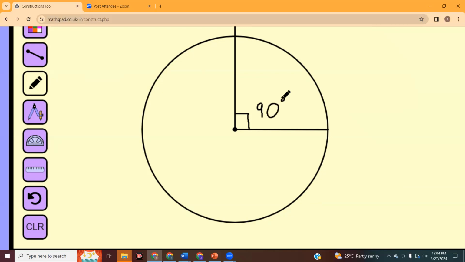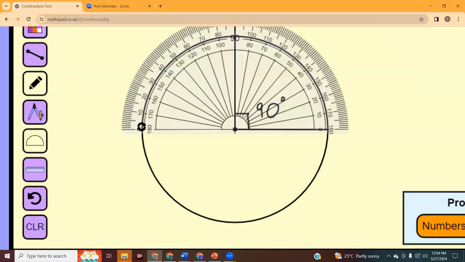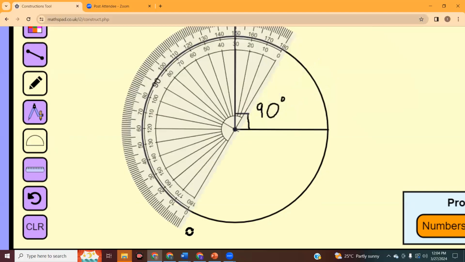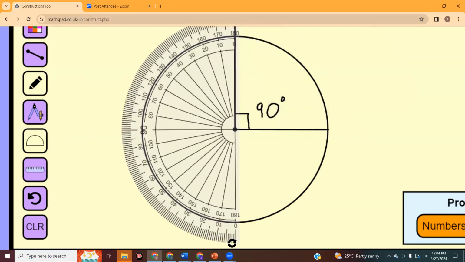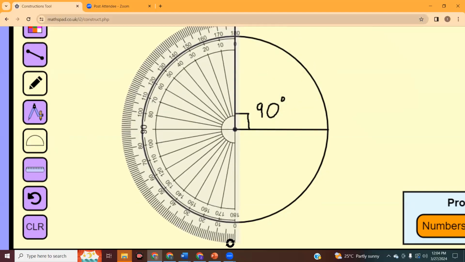Okay, let's move on to the next part, where we have to do 150 degrees. So we have to take our compass and move it here such that this side would be our base. We're going to use the numbers on the inside of the protractor.